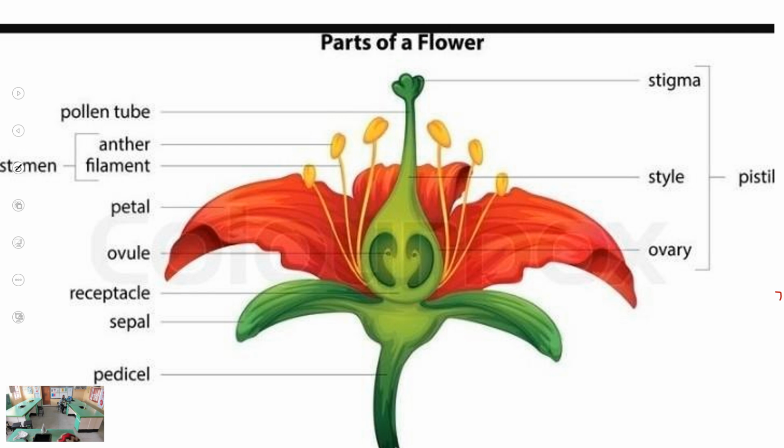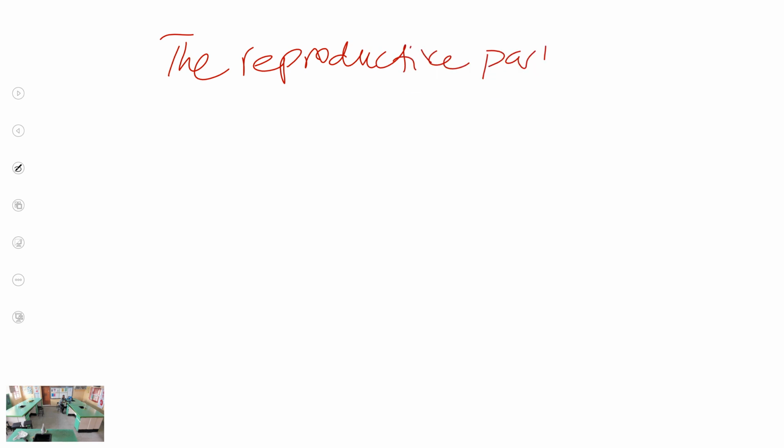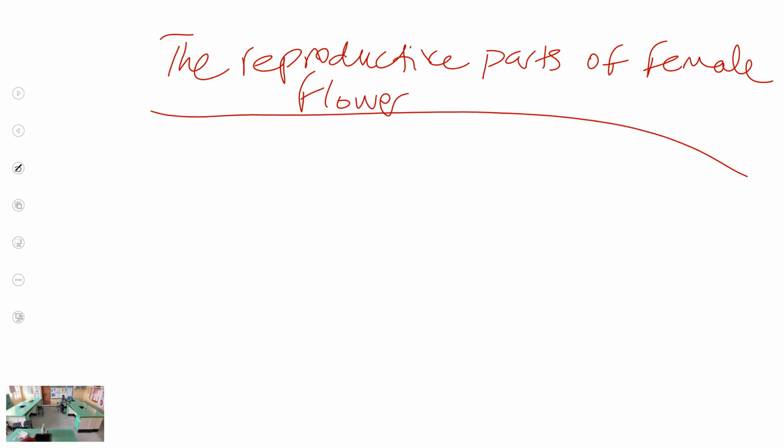So next, we will be looking at the reproductive part of a female flower. The female flower, as we saw on that diagram of the flower, this is a female reproductive part of a flower.